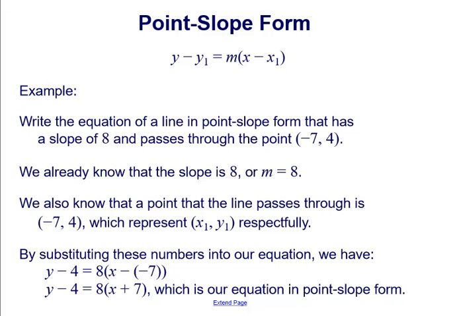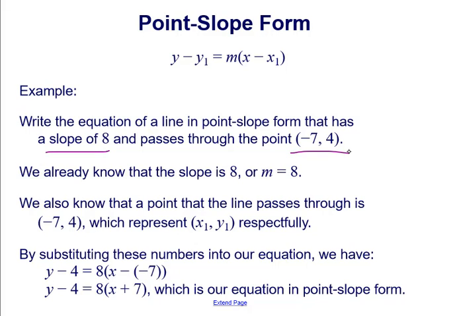So here's our first example: write the equation of a line in point-slope form that has a slope of 8 and passes through the point -7, 4. We're given a slope of 8, so we already know that m equals 8. We also know a point that the line passes through is -7, 4, so that represents x1 and y1 respectively.